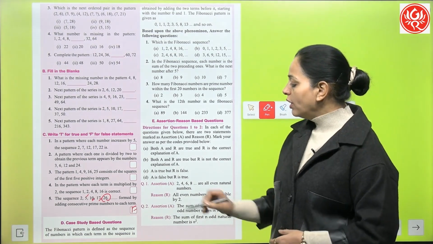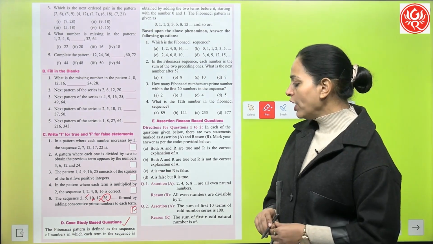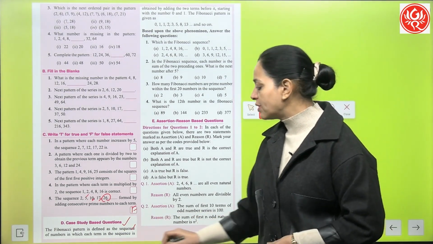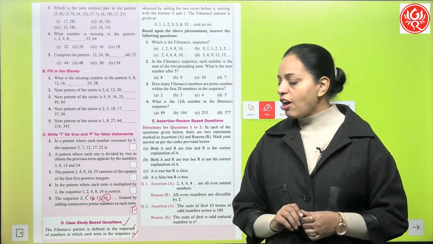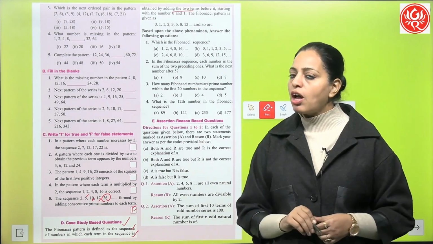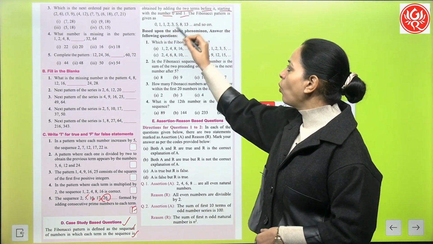Okay. Now, D part, case study based question. The Fibonacci pattern is defined as the sequence of numbers in which each term in the sequence is obtained by adding the two terms before it, starting with the number 0 and 1.